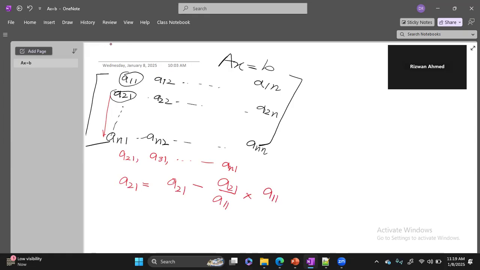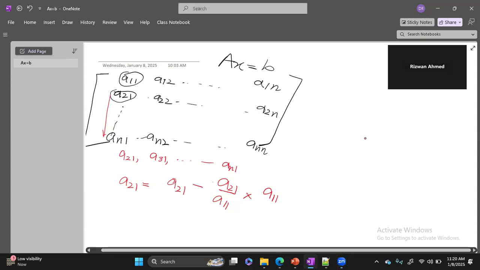So it is going to be defined with these two numbers. Right. So it is going to be defined like this. And the rest of the entries in the second row will be updated with this operation. And here is the multiplier. So you can see that with this multiplier, a21 will become 0.